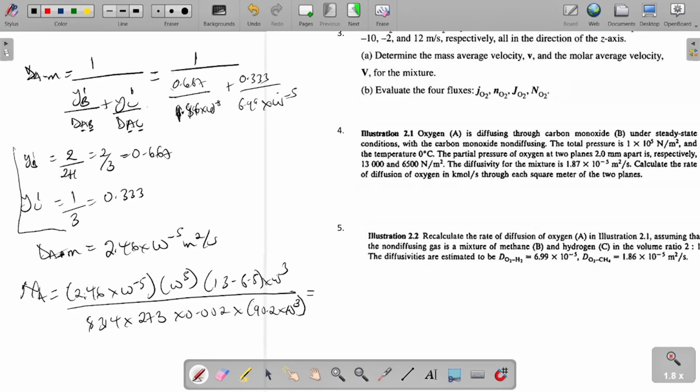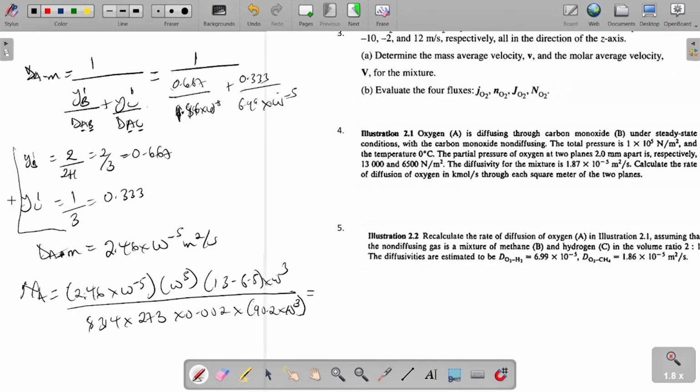So having this value, I can calculate my flux. Plus 10 to the power minus 5, multiplied by 10 to the power 5, multiplied by 13 minus 6.5 times 10 raised to the power 3, divided by 8314 times 273 times 0.002 times 90.2 times 10 raised to the power 3.